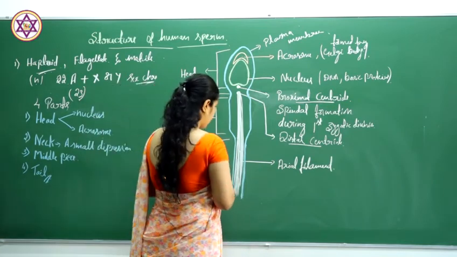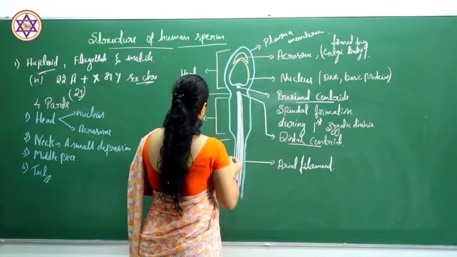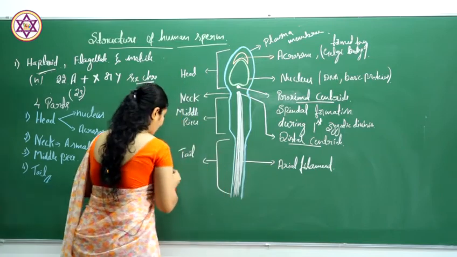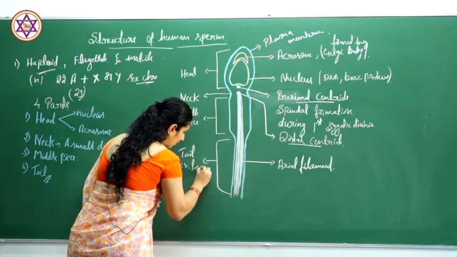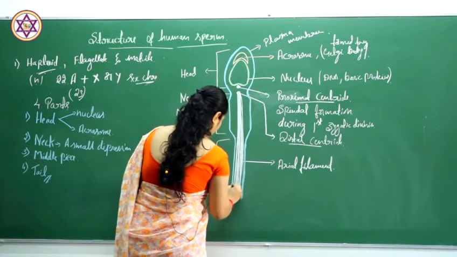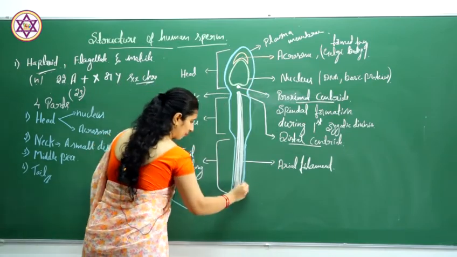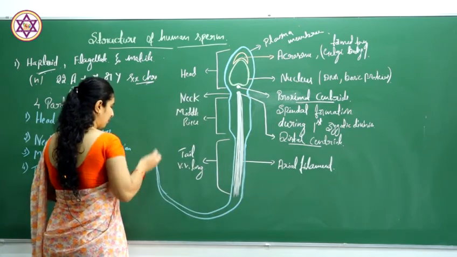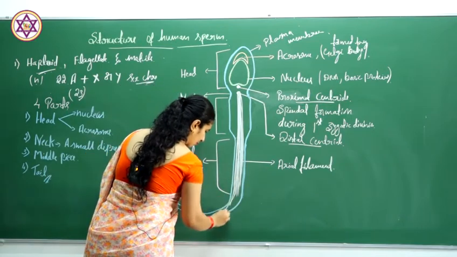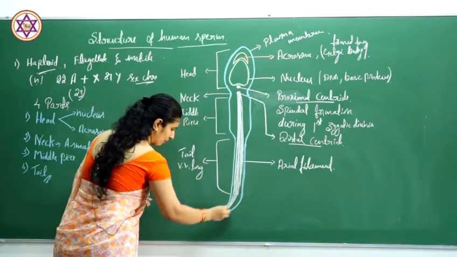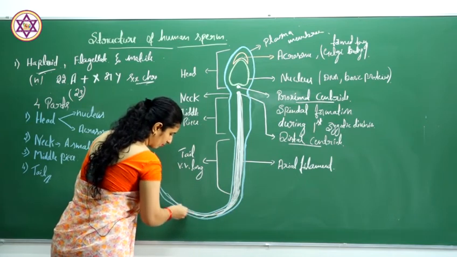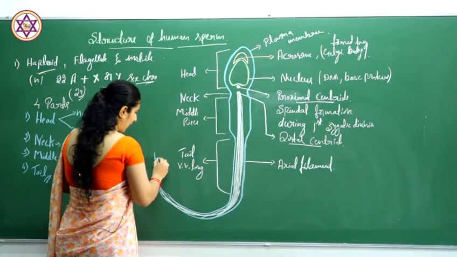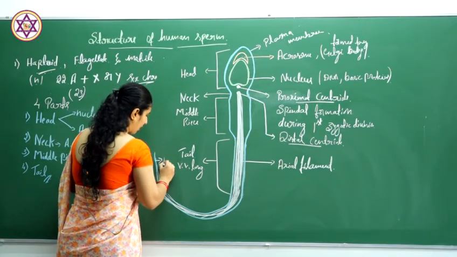Okay, and here the tail is very long, very long tail. And the tip of the tail is called the end piece.